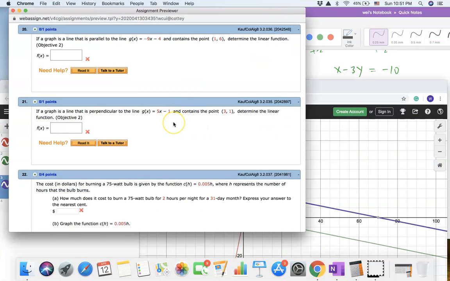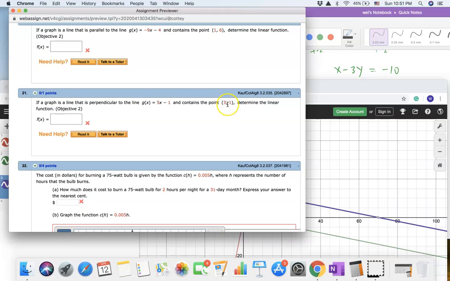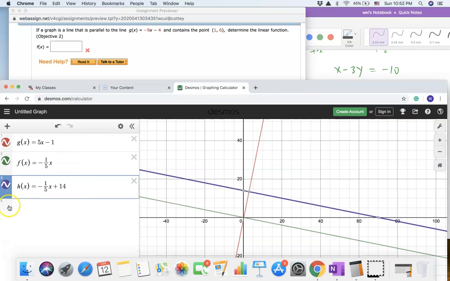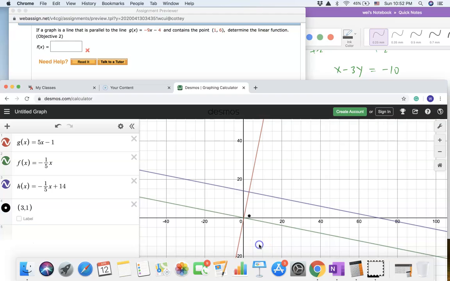So to determine our answer, we are going to use another piece of information, which is that this straight line contains the point (3, 1). So the straight line we're looking for is this one.